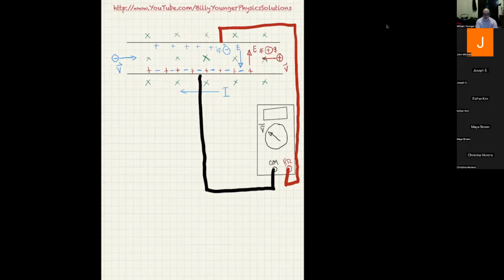If we've got a pile of negative charges along the bottom edge, even though they're moving to the right too, that's still going to compel positive charges to try to move that way because they like opposite charges. That means the electric field due to the Hall effect, and actually we should subscript that, I should put an H on it, just so you'll know, that's the electric field due to the Hall effect.